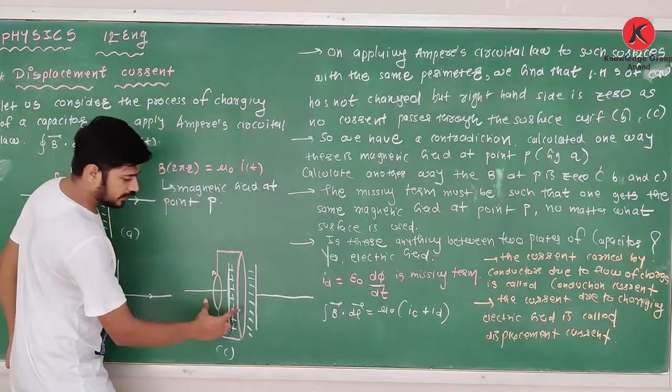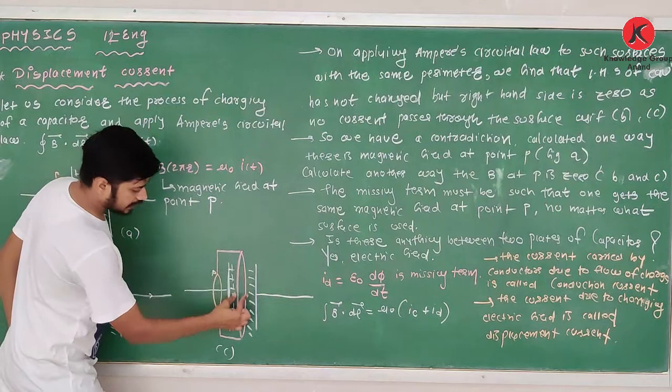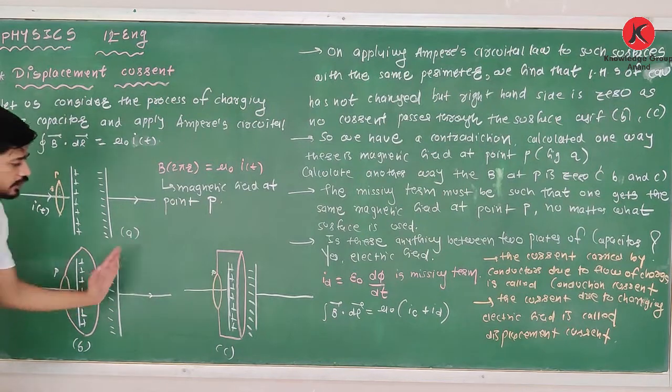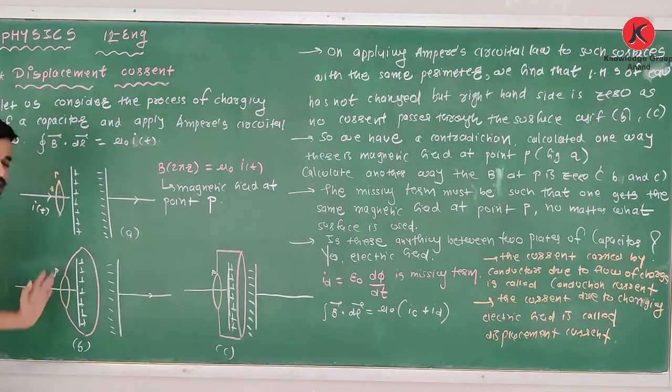Similarly, it is a different box, upside and downside, and this side is between the two plates of the capacitor. Clear?